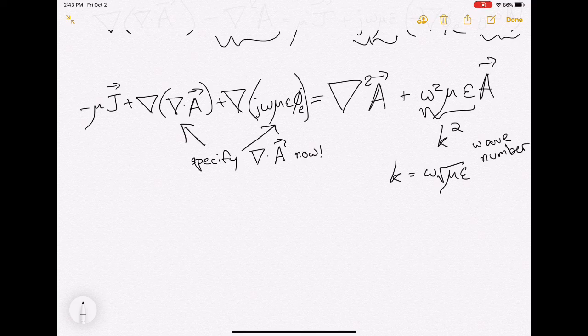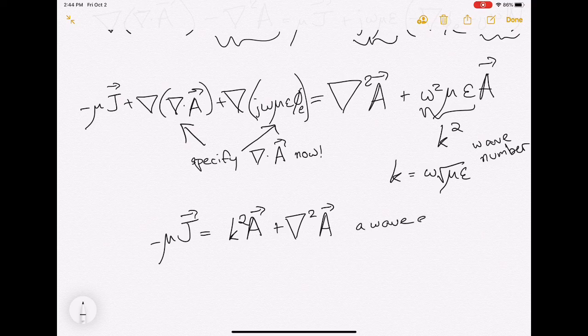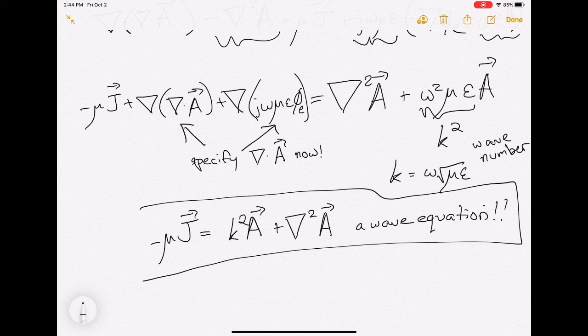So if we do that, then now we finally do have a wave equation that only involves A and the current density. And we've got minus mu j equals k squared A plus Laplacian A, a wave equation. This one is inhomogeneous because it isn't 0 on the other side. There's a source term.